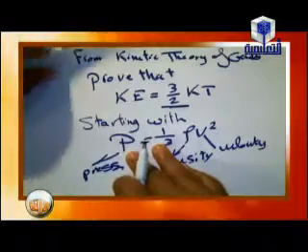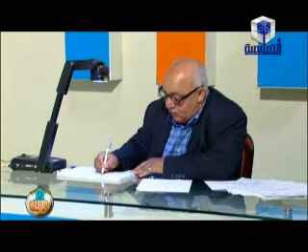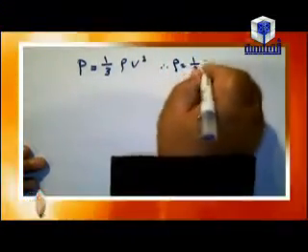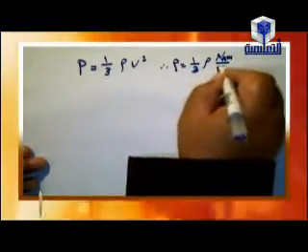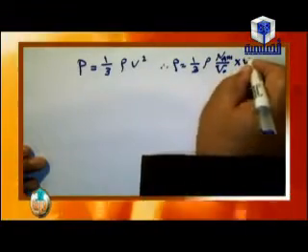So we can start the proof. P equals 1 over 3 rho V squared. Then P equals 1 over 3 times N A M over volume, which is the density, times V squared.